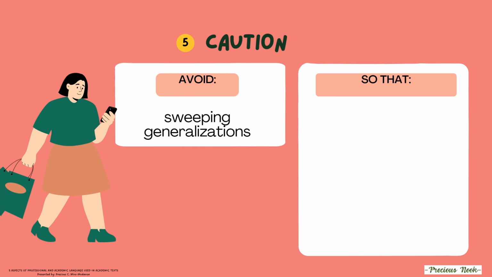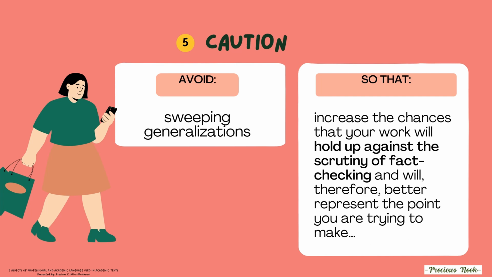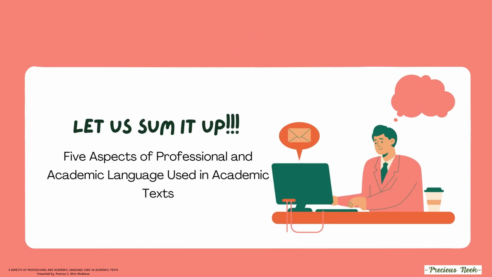Before saying that politicians are corrupt officials, there must be a definite investigation which has led to such a conclusion. We need to avoid sweeping generalizations to increase the validity of our paper, so that we will increase the chances that our work will hold up against the scrutiny of fact-checking. So before claiming that something is true, you must have enough evidence to support your claim.